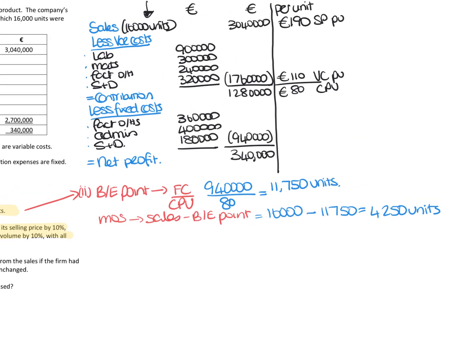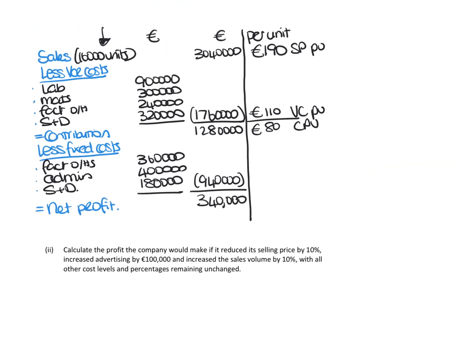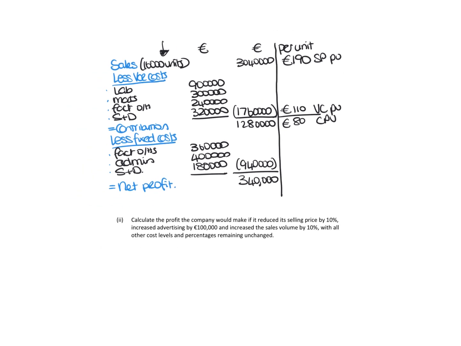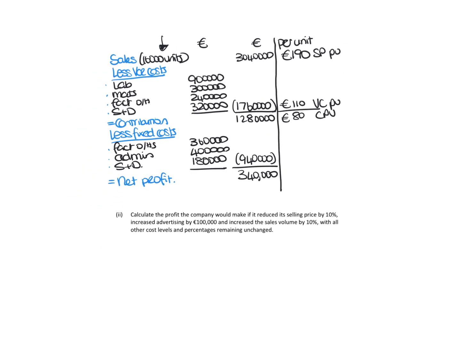Okay, so what we're going to do, we're going to be looking at the marginal costing statement that we already have prepared, okay? And we'll just take another read of this question. Calculate the profit the company would make if it reduced its selling price by 10%, increased advertising by 100,000 and increased the sales volume by 10%, with all other cost levels and percentages remaining unchanged.